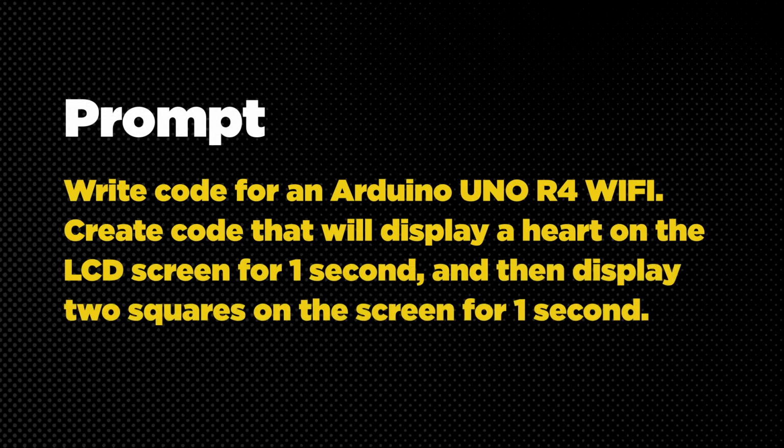Our prompt will be, write code for an Arduino UNO R4 Wi-Fi. Create code that will display a heart on the LCD screen for 1 second, and then display 2 squares on the screen for 1 second. I've pasted this into the video description if you want to test it for yourself, or use another AI.